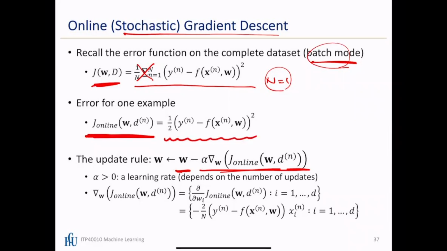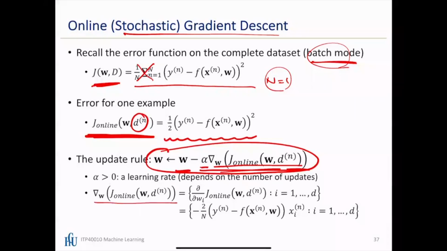So this is the error function J(w) for a single instance. And based on this, the same updating rule can be defined. So the idea is again identical, alpha multiplied by the derivative. And this derivative is again defined on a single instance.